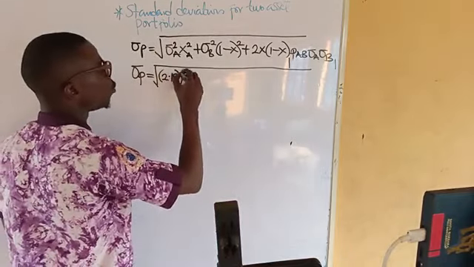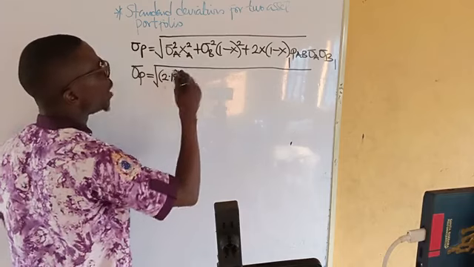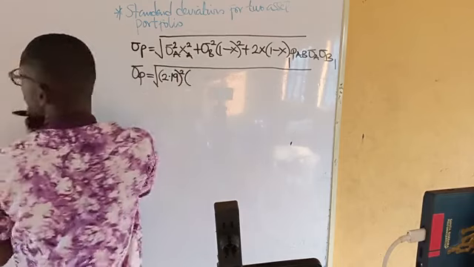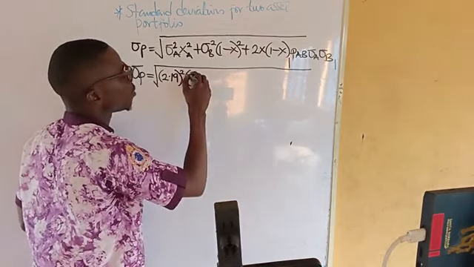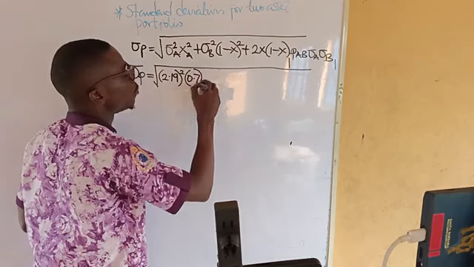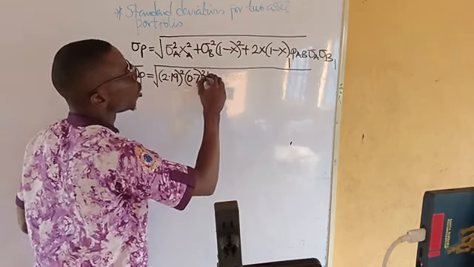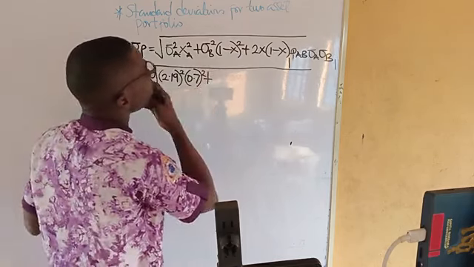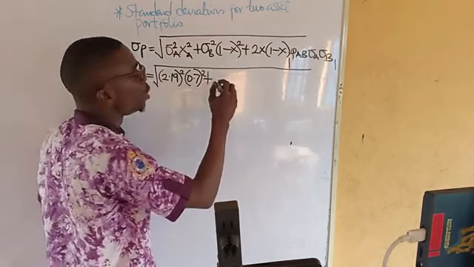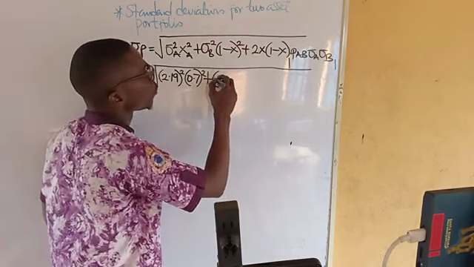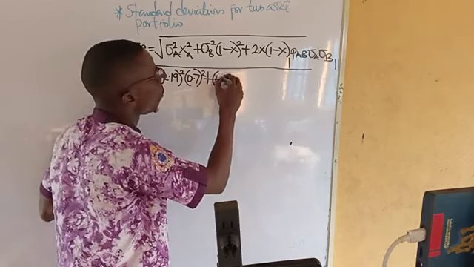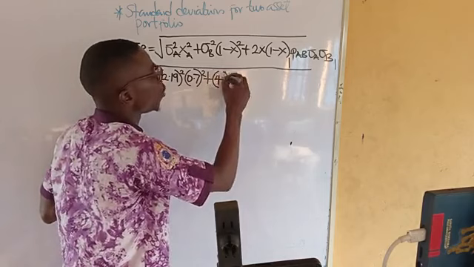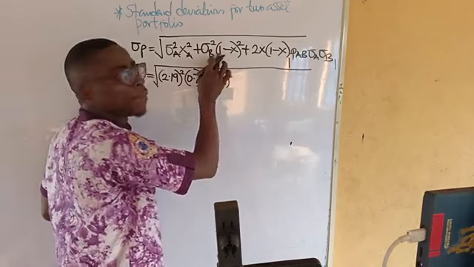2.19 raised to power 2 times the weight of investment A. What's the weight of investment A? That's 0.7 raised to power 2 plus the standard deviation of B. What's the standard deviation of B? 4.1 raised to power 2 times what?